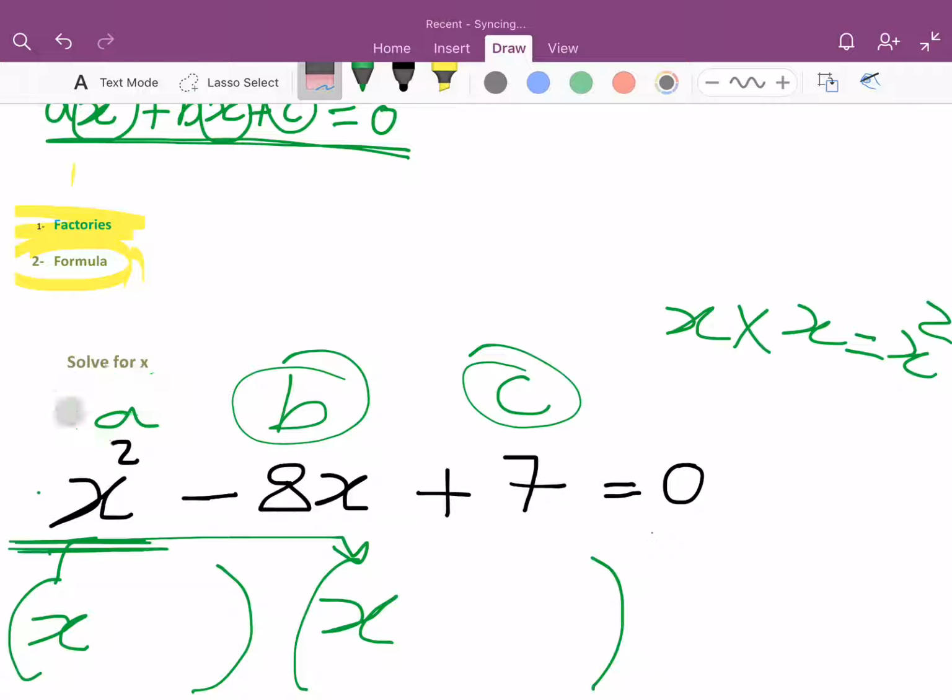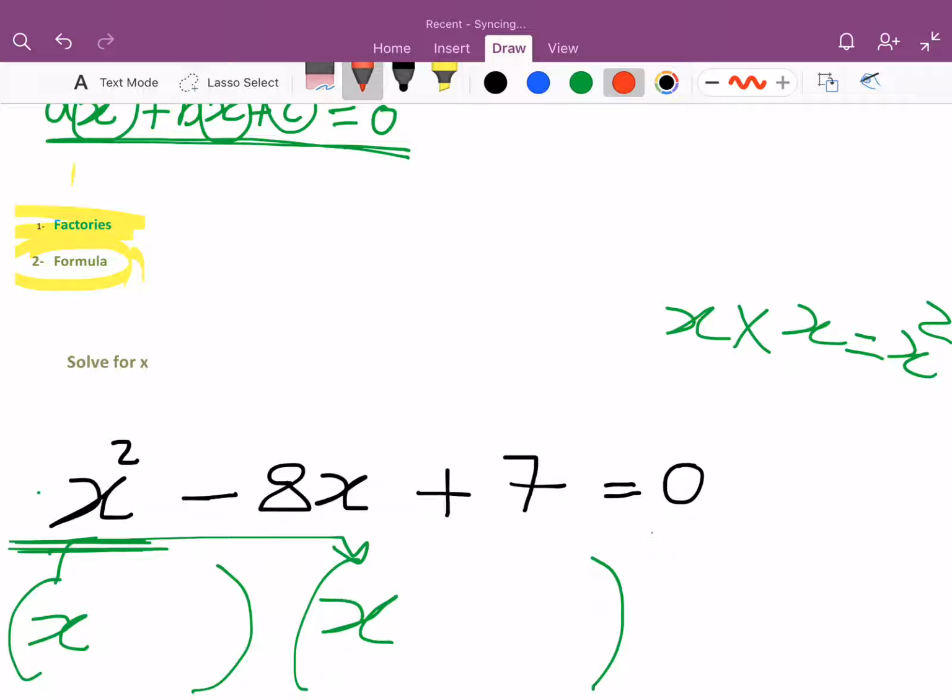Now, what are the two numbers that when I add them together give me -8, and when I multiply them together give me +7? -7 plus -1 will give me -8.